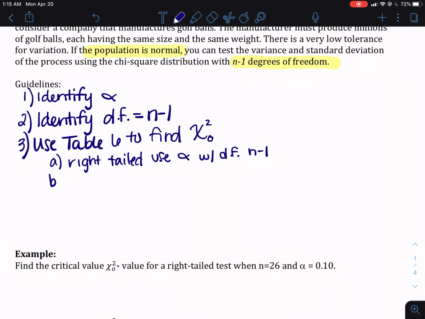Okay. If it's left-tailed, it changes slightly. We're going to use 1 minus alpha with degrees of freedom n-1.